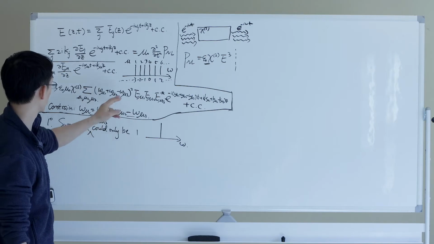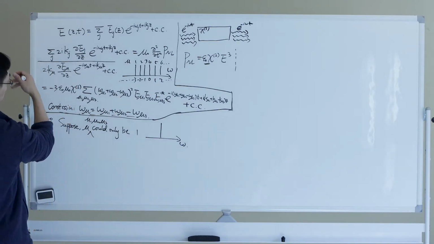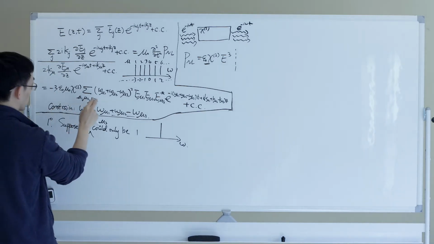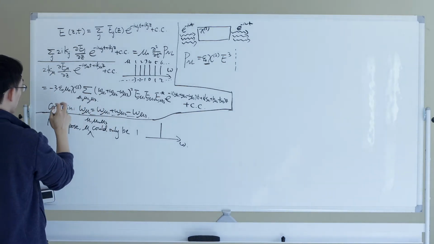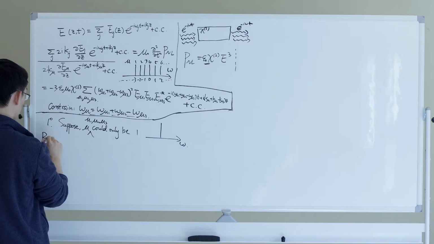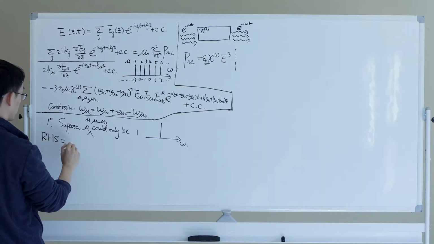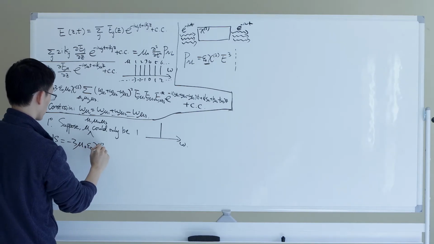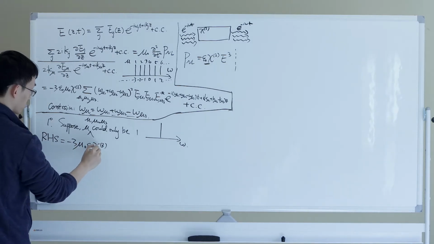And let's see what this will give us. The left-hand side is a common term, we don't care about this. Let's look at the right-hand side. It will equal minus 3 mu knot epsilon knot chi 3, which is just a normal term.